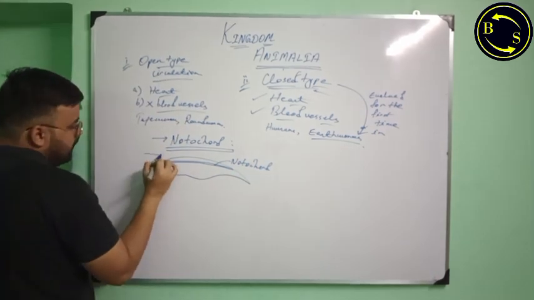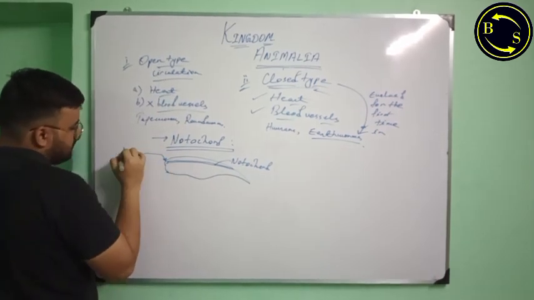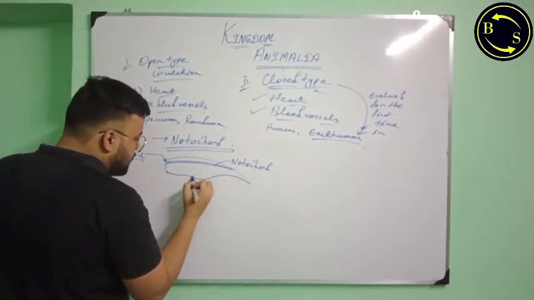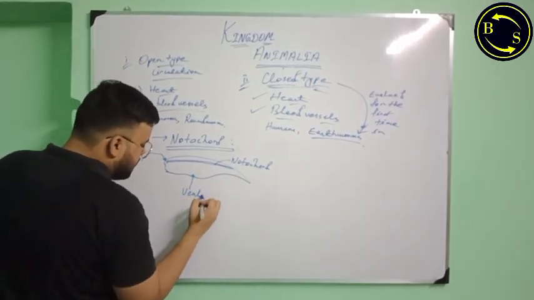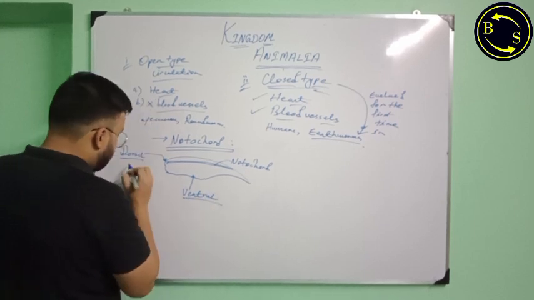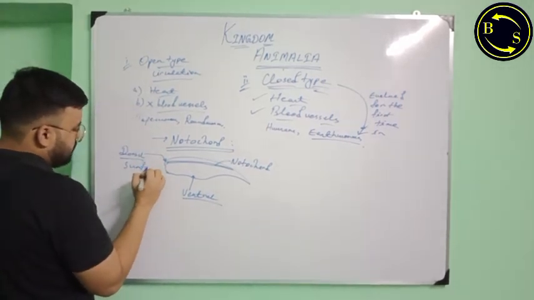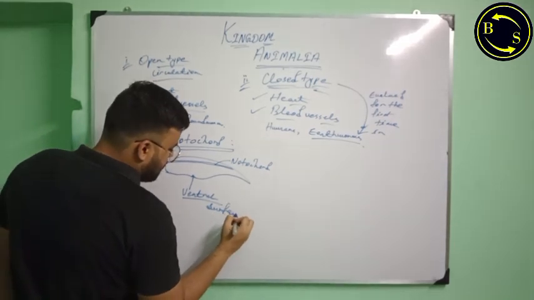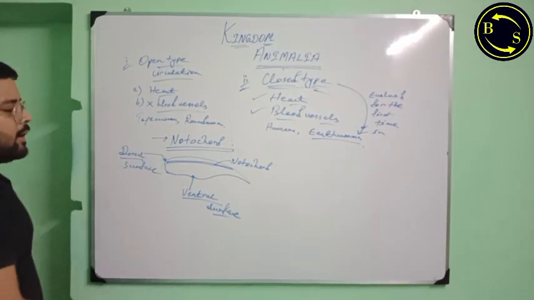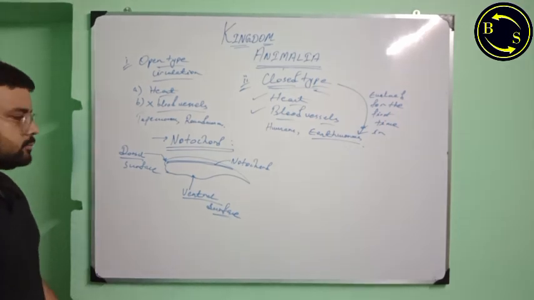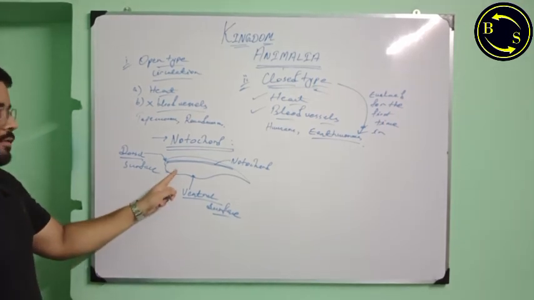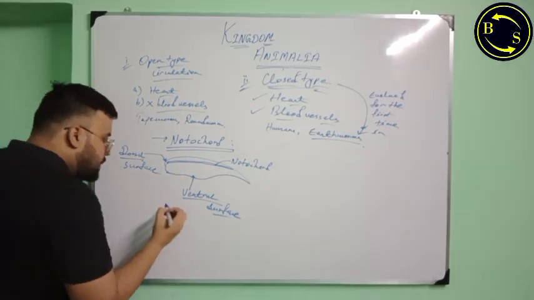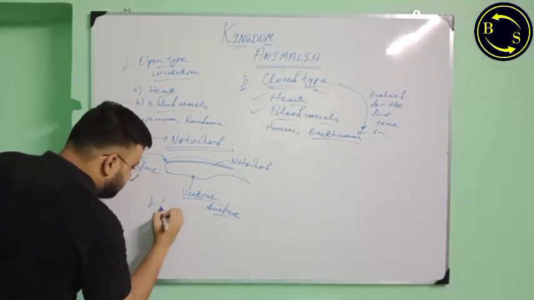This is the dorsal surface or the upper surface, and this is the lower surface or the ventral surface. Some animals have this notochord during their larval stage or embryonic stage and throughout their lives. They are known as chordates.